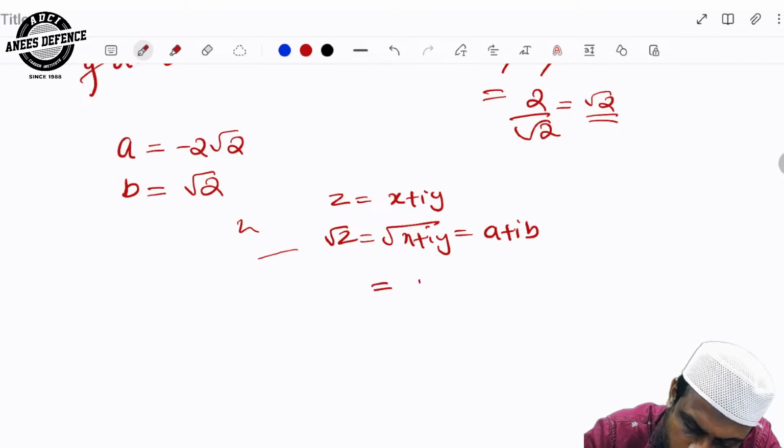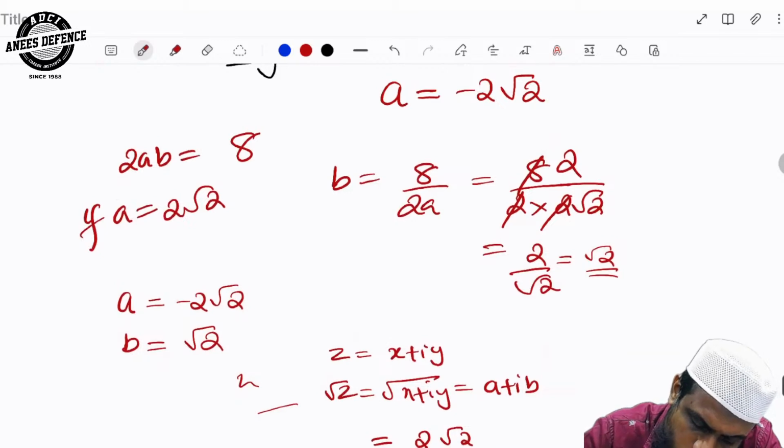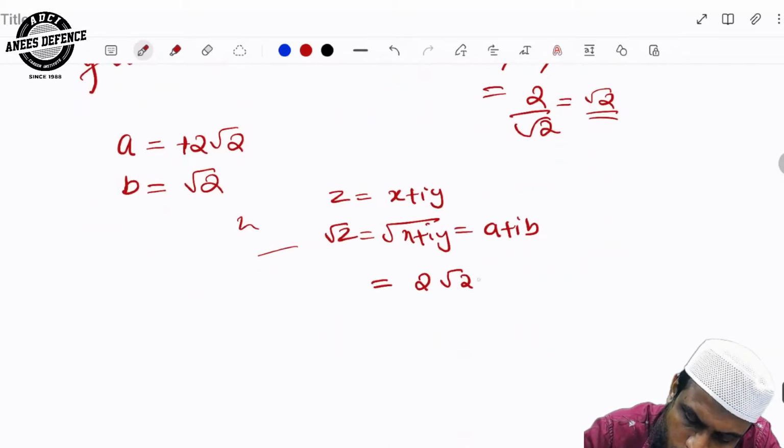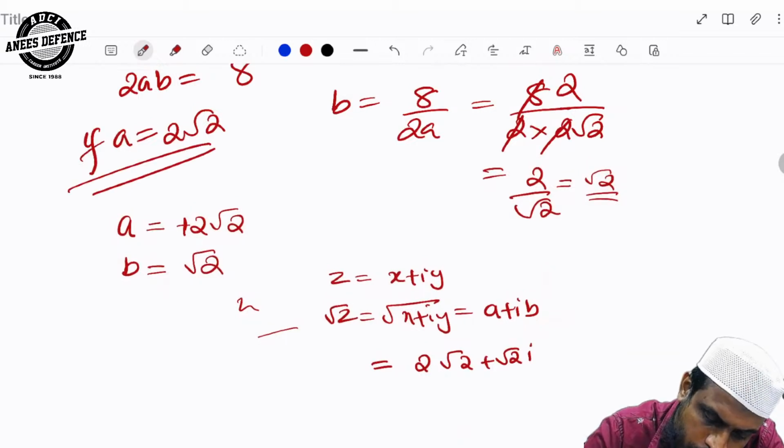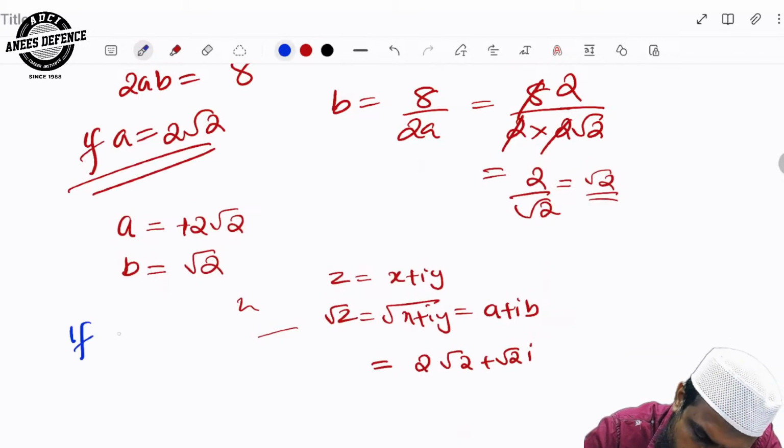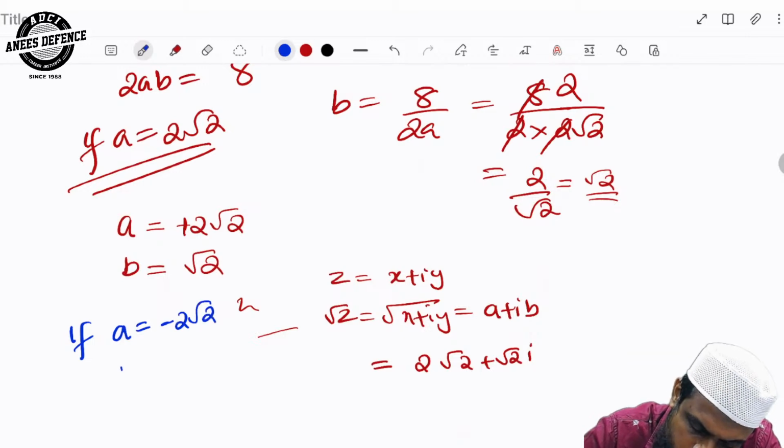In this case, if a equal to minus 2 root 2, then you will get b equal to minus root 2.